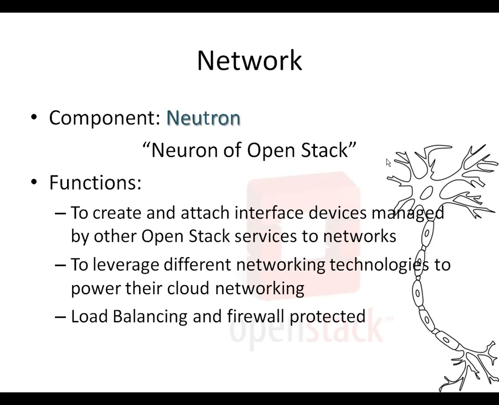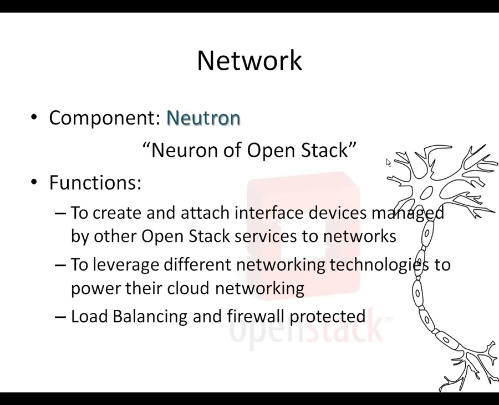Yes, it can have multiple nodes, multiple functions and features, everything, but if all could not be connected, then it is of no use. In the same way, our brain, legs, hands and everything are connected, and the neuron is very essential to a body. The same way, Neutron is also very essential for OpenStack.